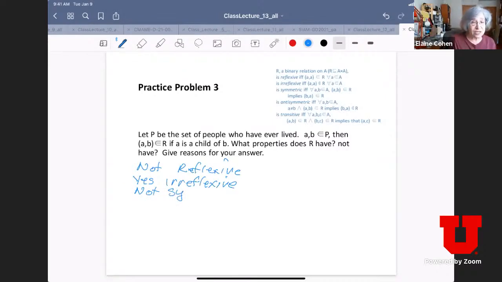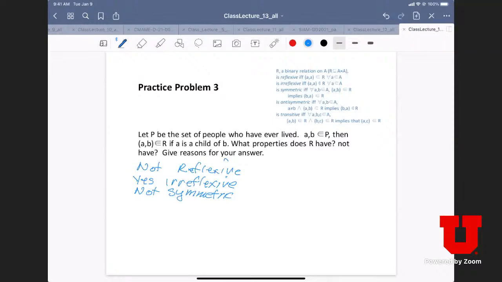Notice not symmetric is different than anti-symmetric. What about anti-symmetric? If A is a child of B, is it always the case that B is not a child of A?